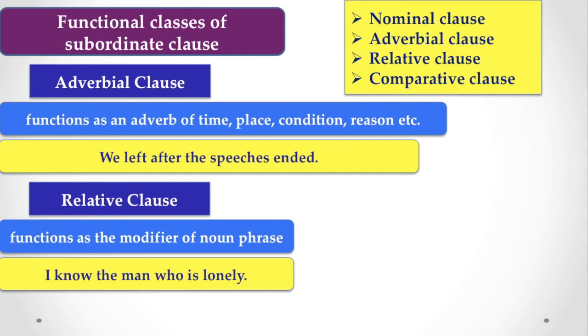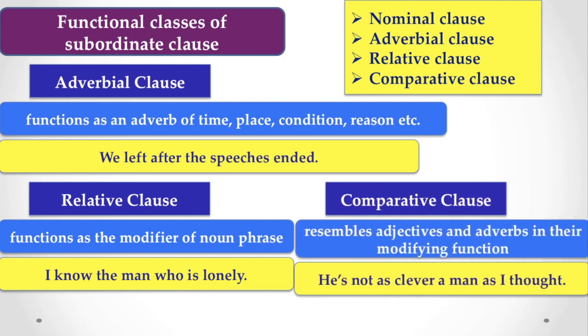Here we find the example, I know the man who is lonely. Here I know the man is a noun phrase, as you know already. Who is lonely, this part of the sentence functions as the modifier of that noun phrase. So relative clauses are sometimes also called adjective clauses.